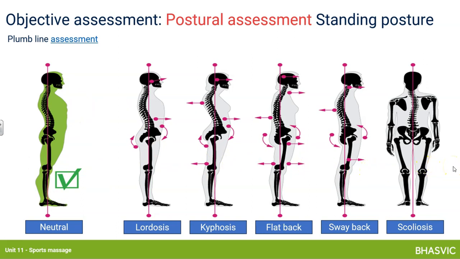These are abnormal standing positions or standing postures, and this is definitely stuff that you should look for. I would say that the ones that are more likely to be something that you could integrate into your clients are lordosis, the extra curve here, kyphosis, the extra curve in the thoracic, probably not so much scoliosis, possibly flat back and sway back.